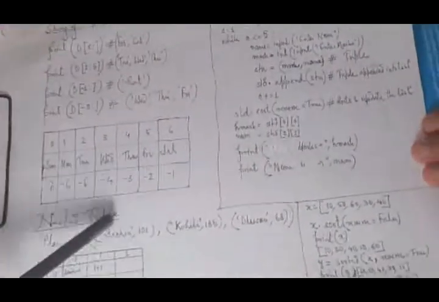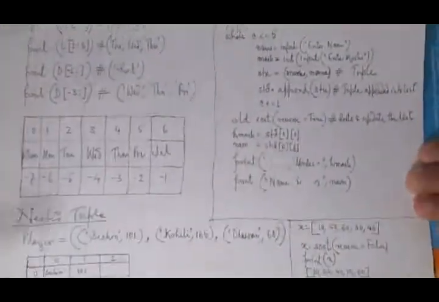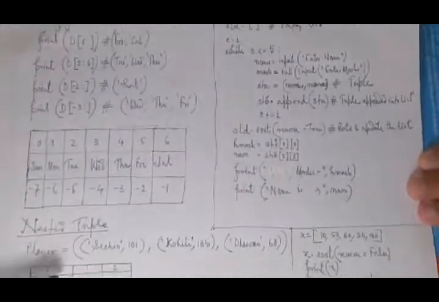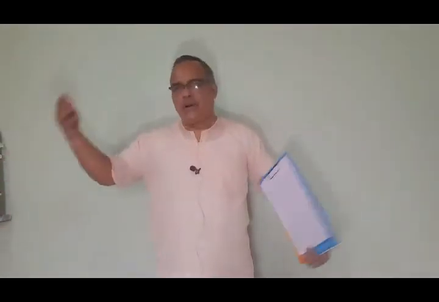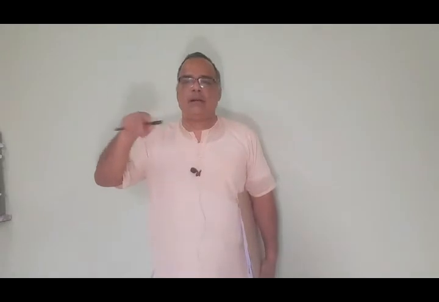Now, how are these created? Virtually, how are these created? You know, when we go for multi-dimensional values, practically it is stored in a single row, but virtually, for our convenience, we make it in crisscross rows and columns form.